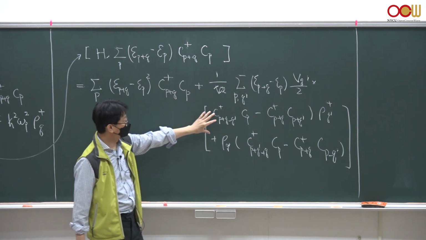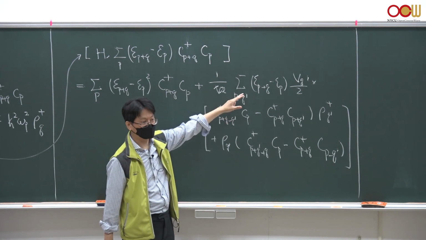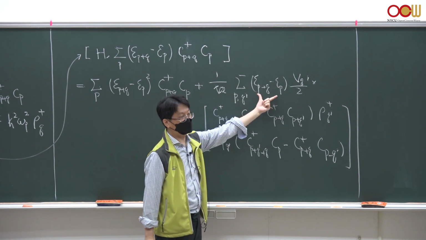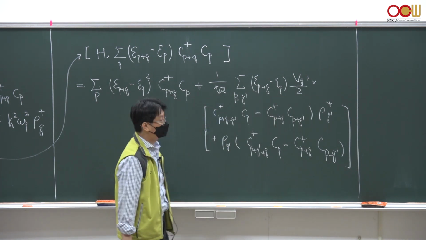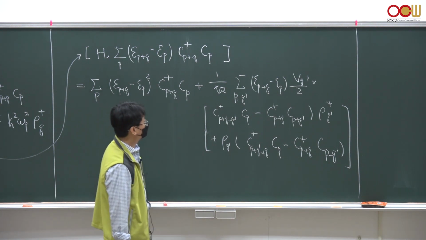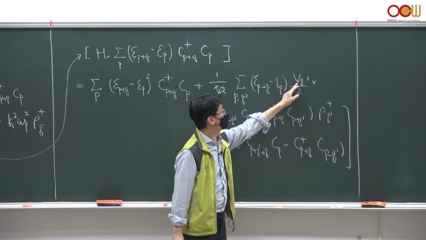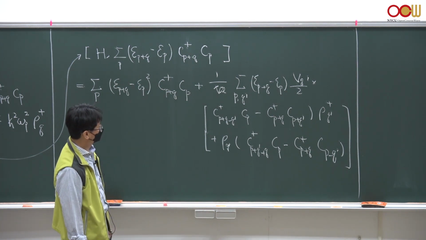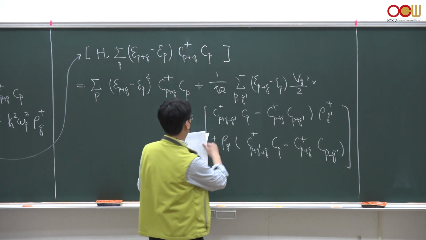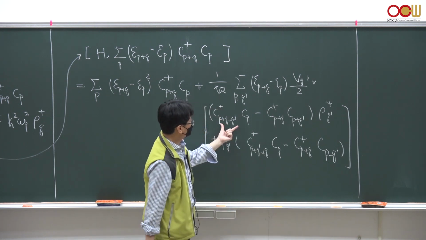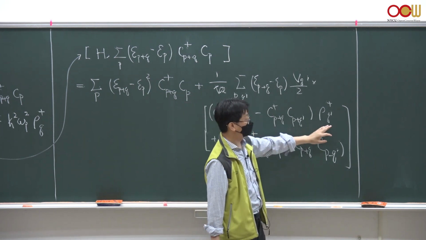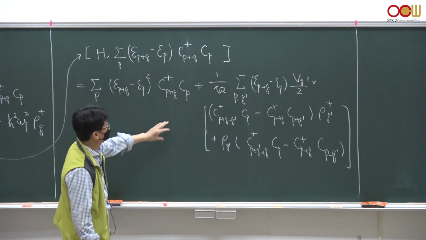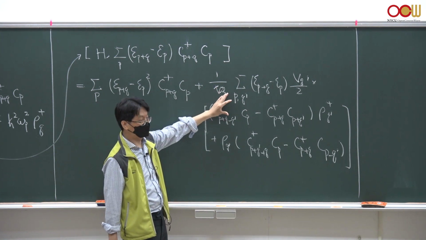And the second term is the cross term between the kinetic energy and the potential energy term, because it carries this energy difference that comes from the kinetic energy term, but we need to multiply this by V of q prime, which is the potential term. And all these operators, c dagger c minus c dagger c multiplied by rho dagger, come from the potential term. So it is a mixed term, the cross term between the kinetic energy and the potential energy term.